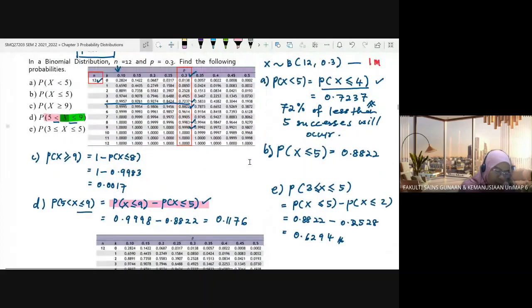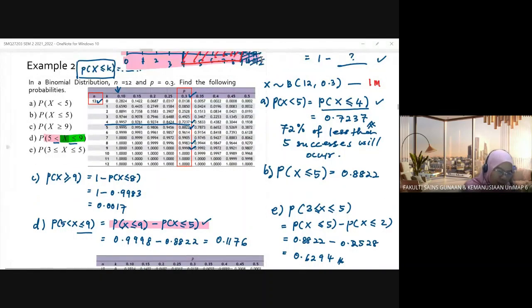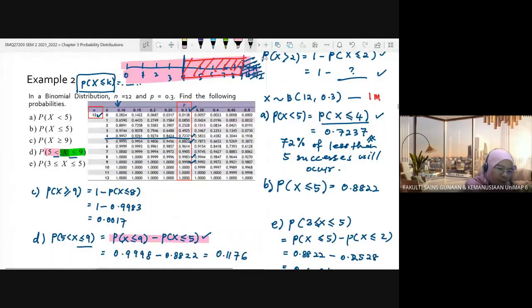Since we are talking about discrete values, sometimes you feel that this is kind of wrong, but following the rule is actually the easiest way to do it.